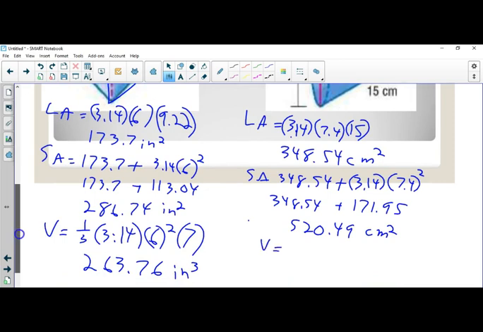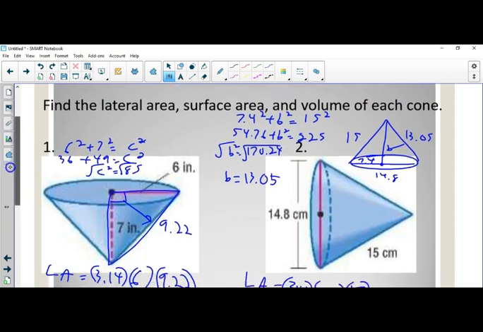And last but not least, the volume is 1/3 times 3.14 times r squared times the height, which we found out to be 13.05.